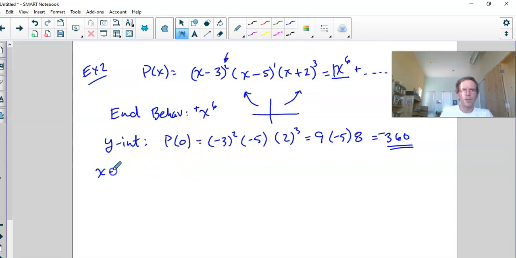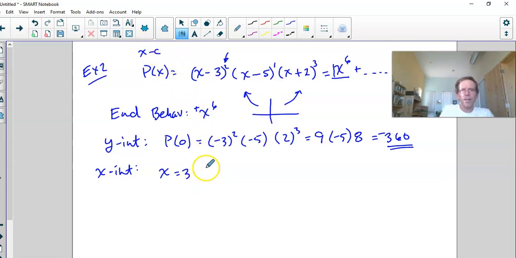Okay, now for the x-intercepts and their behavior. Let's start with the left one, x equals 3. Remember, it's always the opposite: if it's x minus something, the zero is positive, like x minus c, where c is the zero.